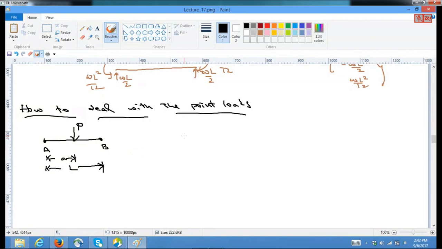Then in such cases we will invoke something called the Dirac delta function. Let me define what a Dirac delta function is.